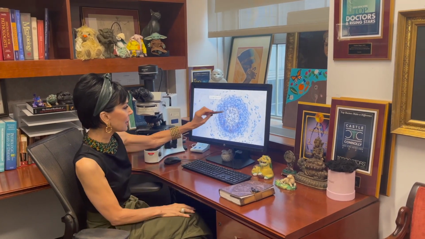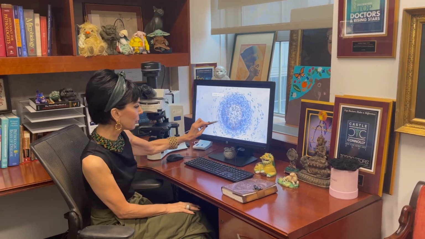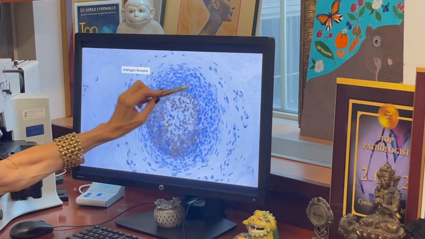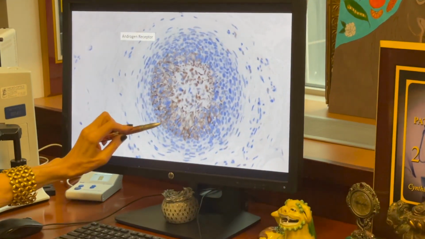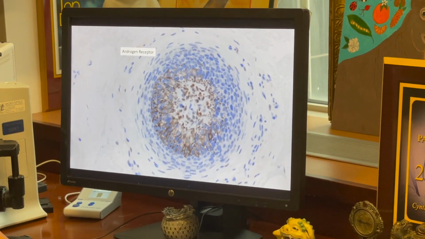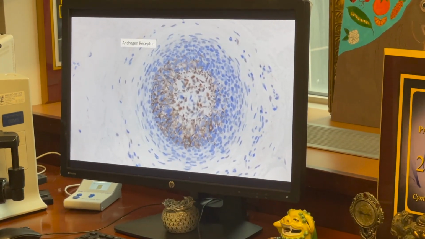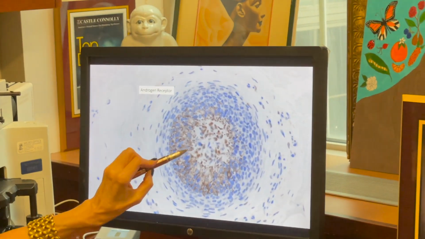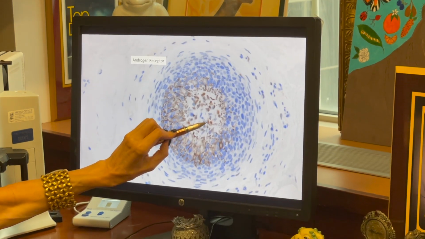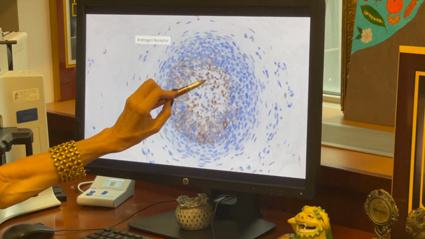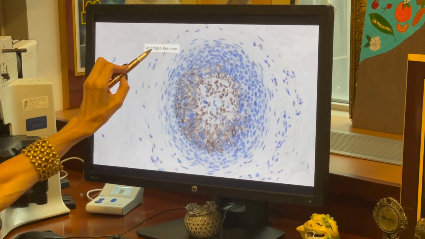And this, in fact, is a cross-section of a terminal hair. These small cells here are the bulbar or germinative epithelium that gives rise to the hair cortex, which in turn becomes the hair shaft and the inner root sheath. And in the center is the mesenchymal body, or the dermal papillae, and it contains stromal cells that show very strong nuclear staining with human androgen receptor.